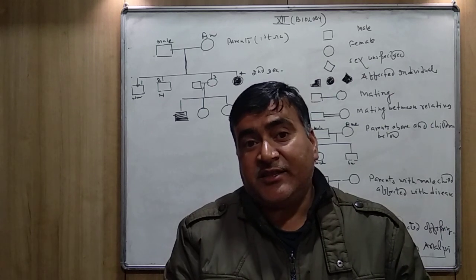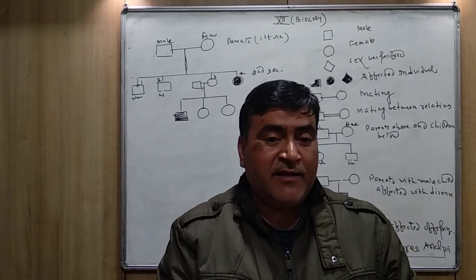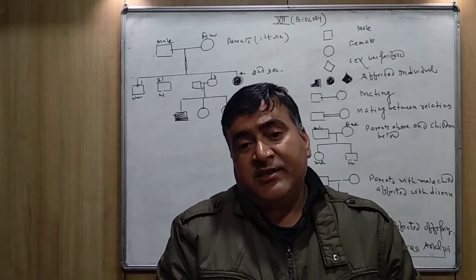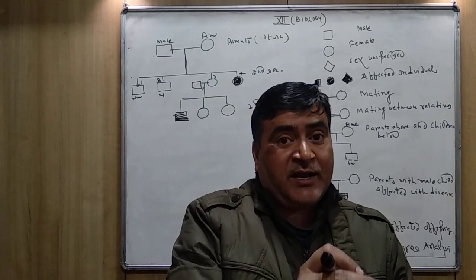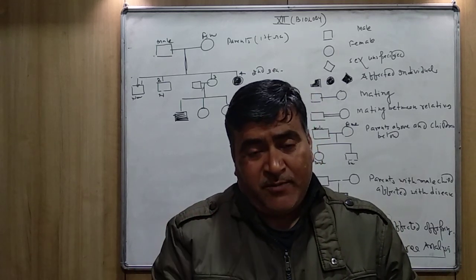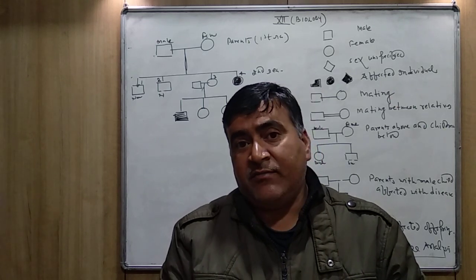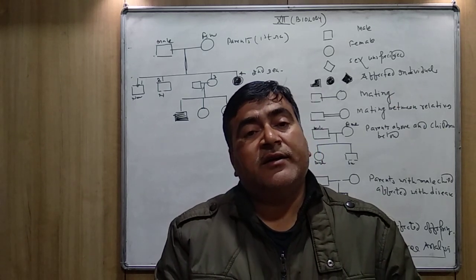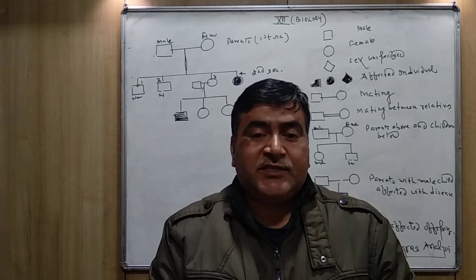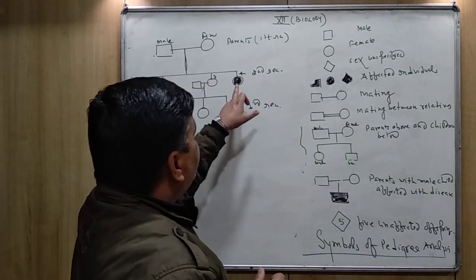It means the daughter is getting the gene from father and from mother both. How can you say that the father and mother both are contributing the genes to this daughter?